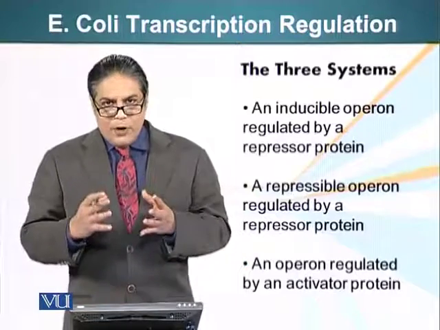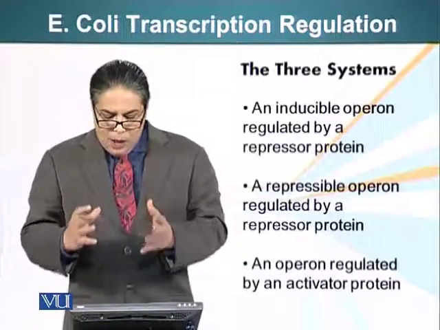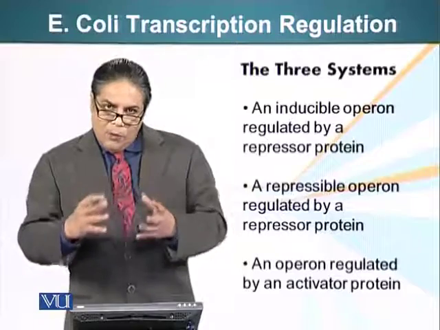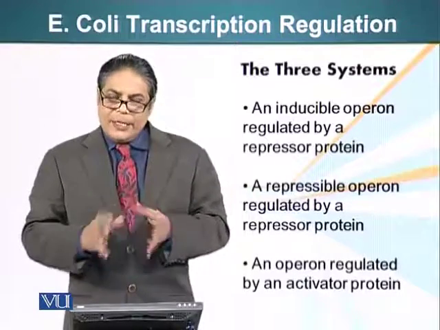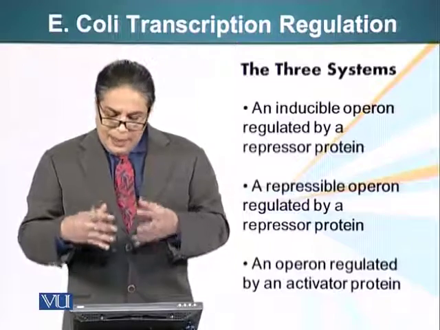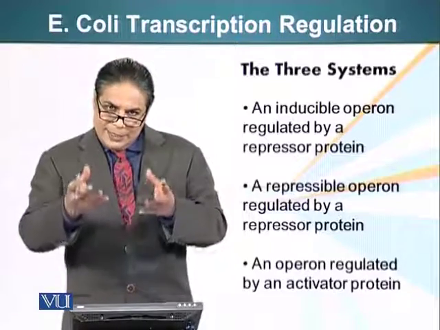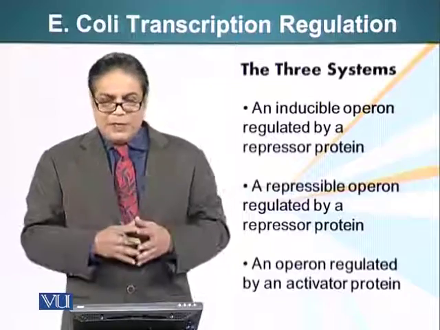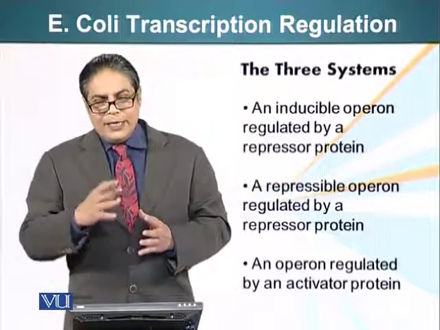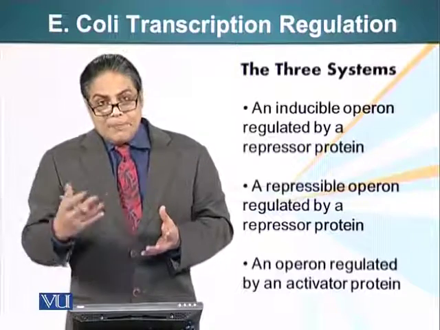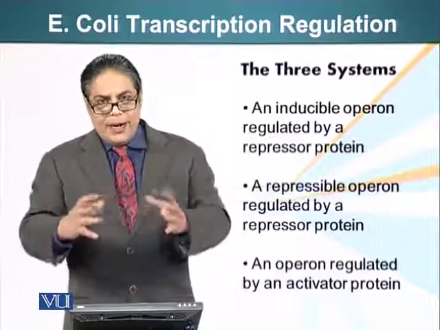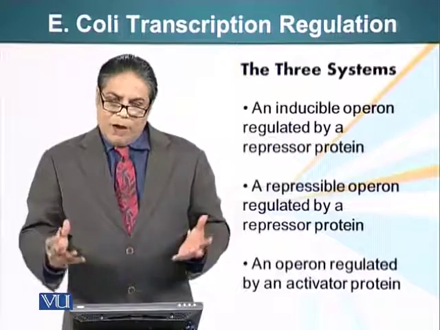And the positive control, where we saw how a promoter's ability to recruit RNA polymerase can be enhanced by a protein that is acting as an activator. So we have seen 3 examples of how a small bacterium can regulate expression of its proteins depending upon its needs or the environmental changes.